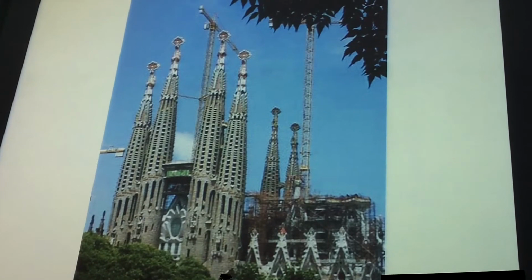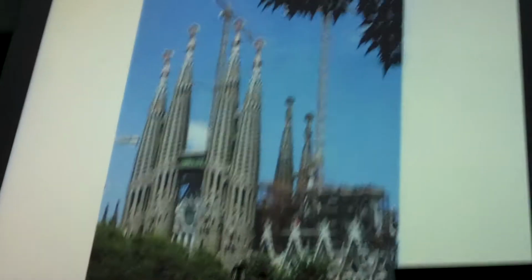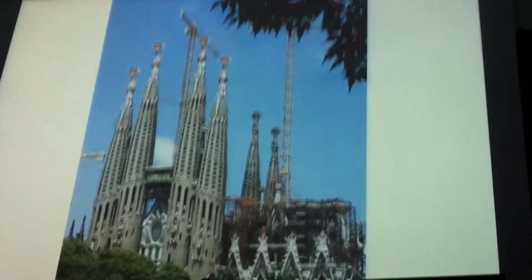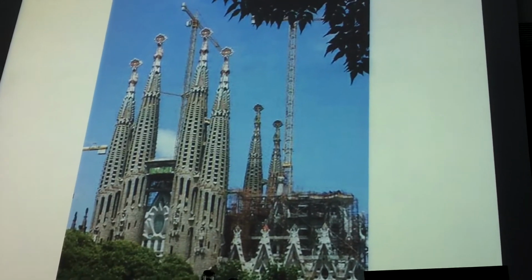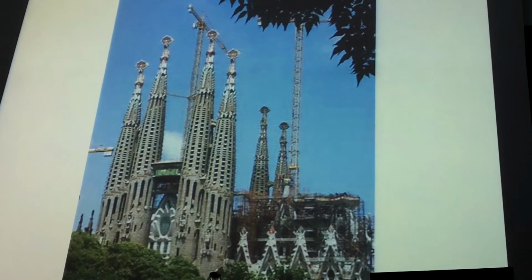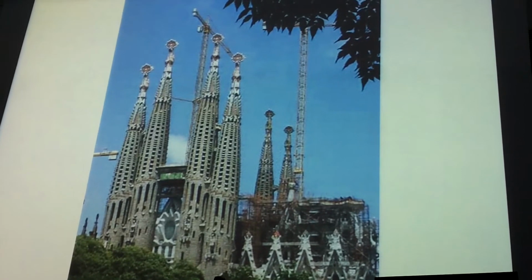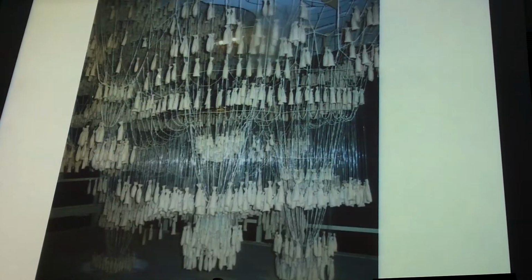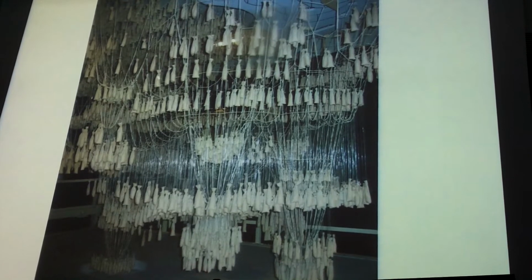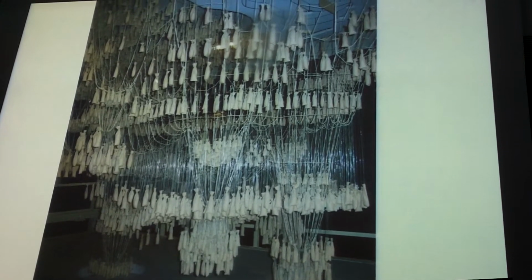In addition, you can tell that's not an HIV model. If it was, the number of spikes would be much less. He used the SIV that had the transmembrane mutation, and as we know, that has about tenfold more spikes than the HIV does. So not only was he way ahead of his time in modeling the HIV, but I find it incredibly interesting, the way he modeled the cathedral itself.